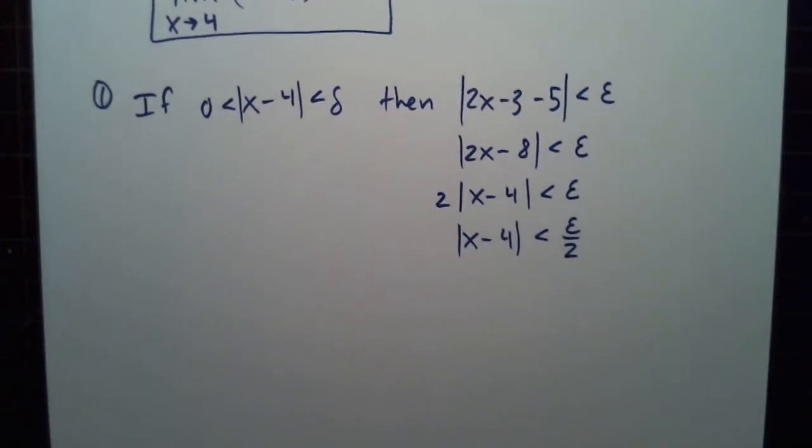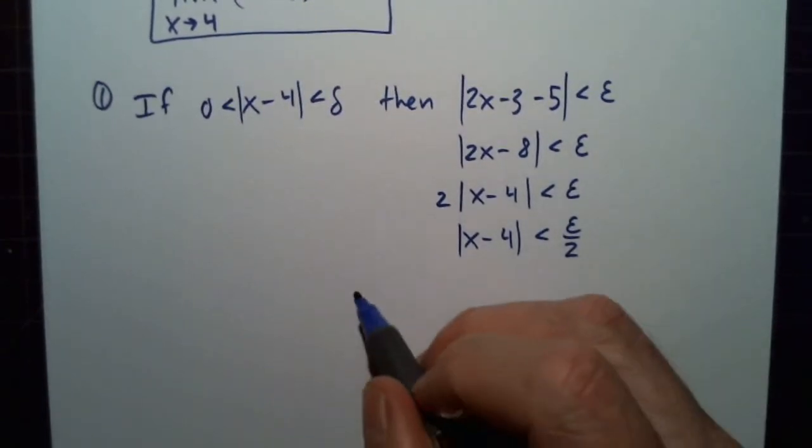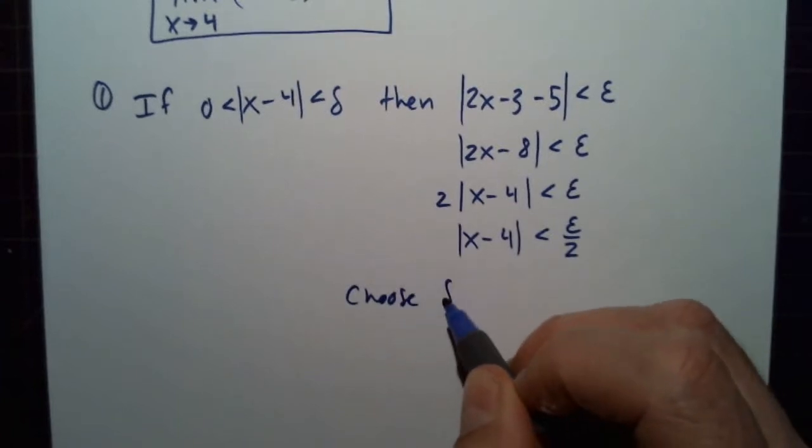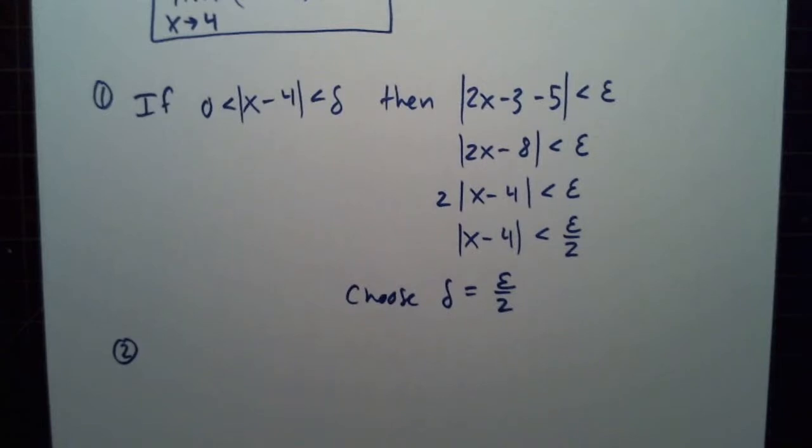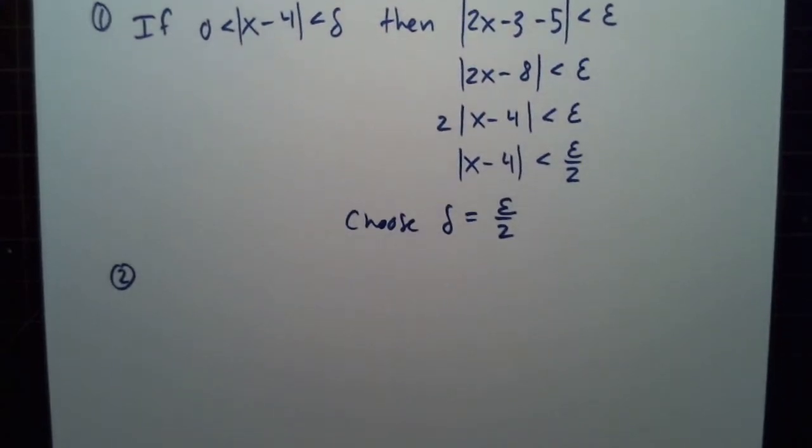Alright, and that's how we choose delta. So let's choose delta to be epsilon over 2, and now we can just state the definition.